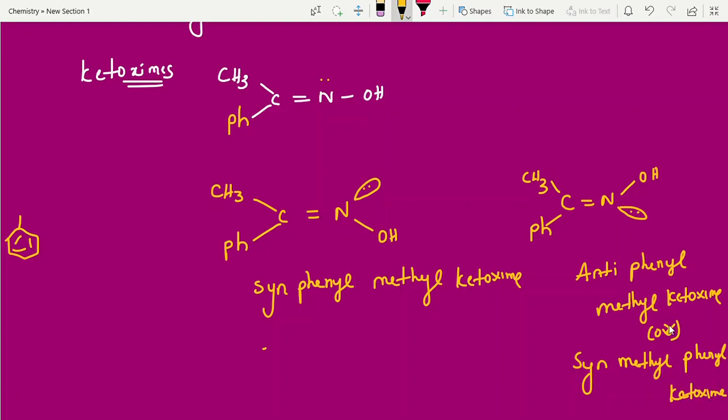Did you understand? With respect to the OH group I am speaking. With respect to the OH group, methyl is on the same side, means syn-methyl. With respect to the OH group, phenyl group is on the opposite side, that is anti I have written. If you want to write here also you can write. What is one more name here? Anti-methyl. This is anti-methyl.